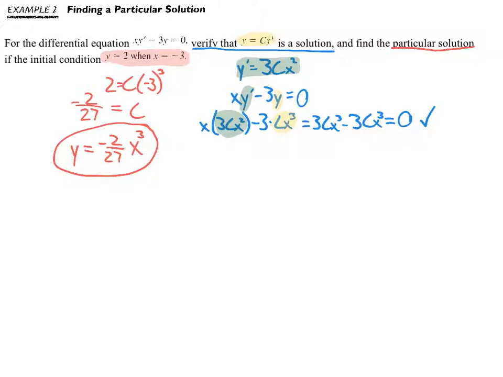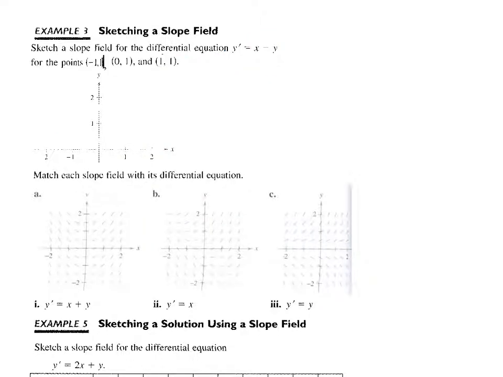So, the next thing we want to do is look at some slope fields. We're cycling back here to look at slope fields again. It's been a little while since we've worked with these, but we have a slope field for the differential equation y prime equals x minus y for the points negative 1, 1; 0, 1; and 1, 1.